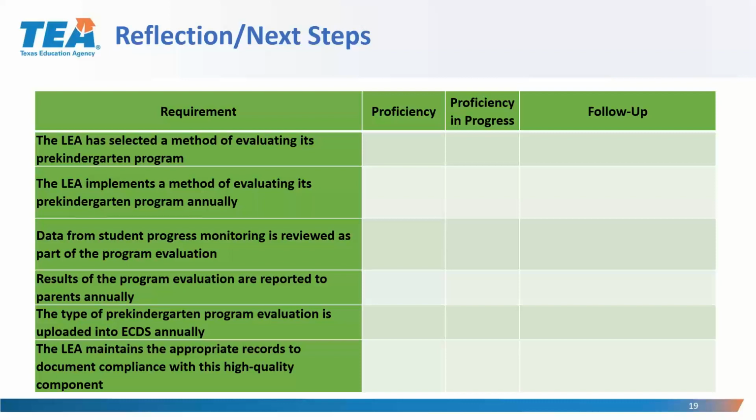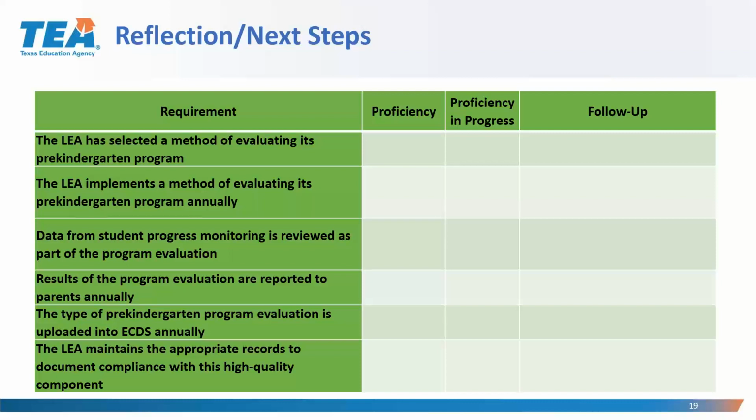You can consider whether you are meeting the requirement or are in the process of meeting the requirement. If you are in the process of meeting the requirement, please consider what your next steps or your follow-up might be. Let's go over each of these requirements. It looks like there are 6 of them for program evaluation.